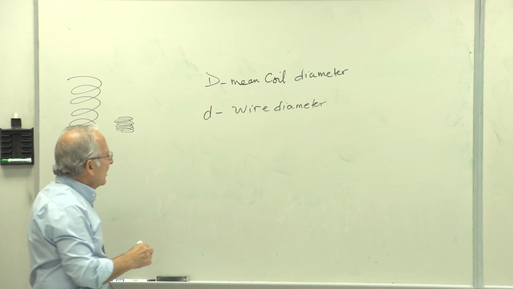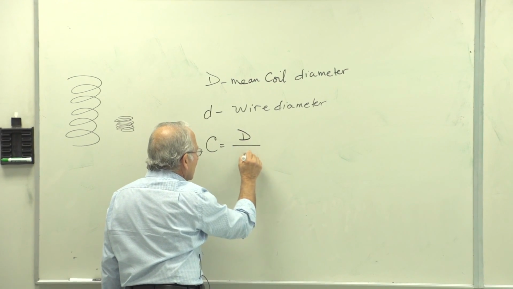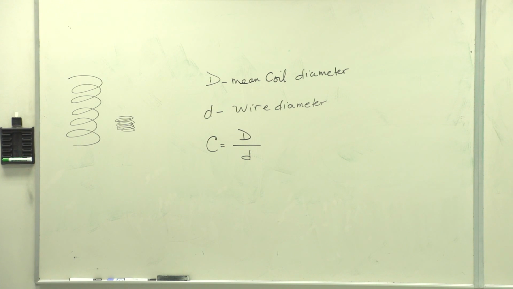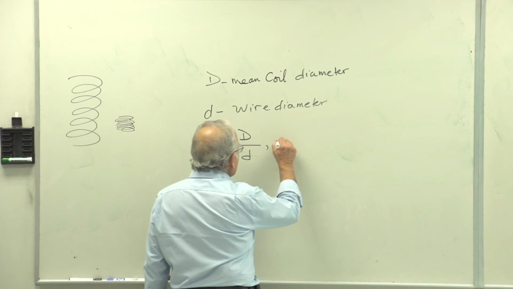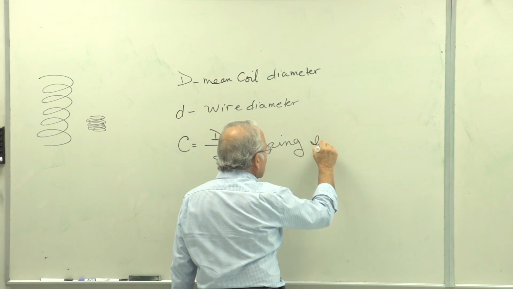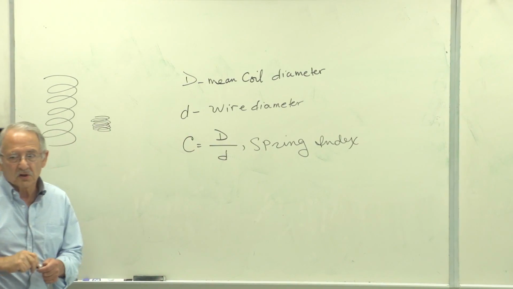And we also define a constant, C, which is the ratio of D over d. This tells you how narrow or wide a spring is. It's called spring index. This is not the spring constant.